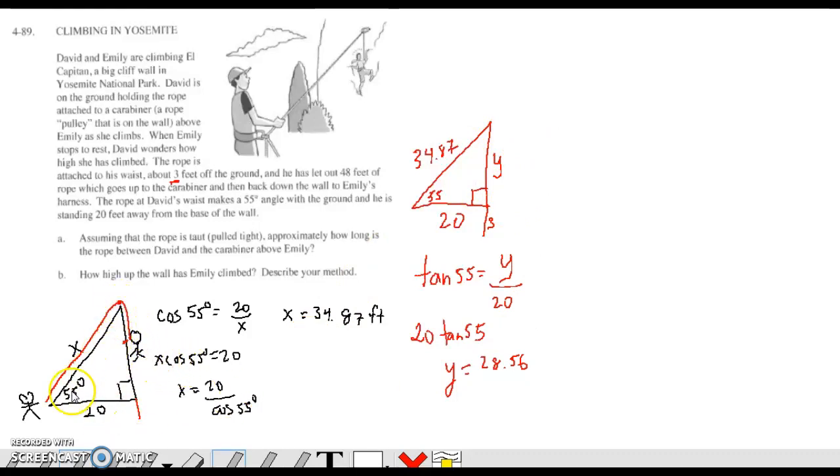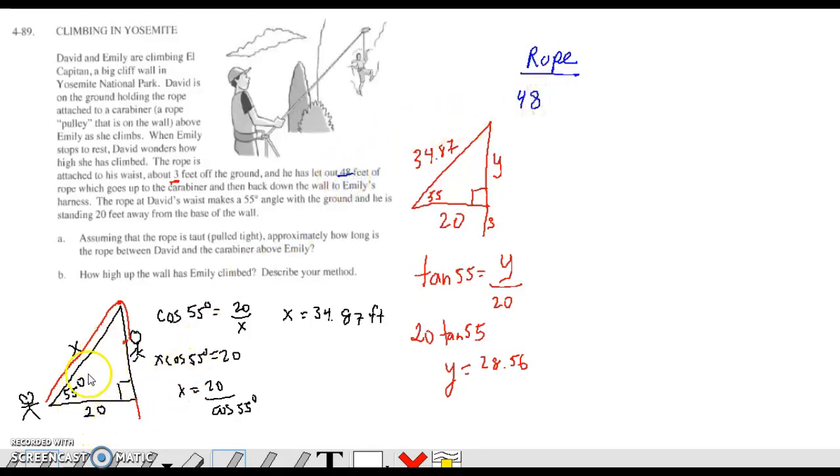So 28.56. Now we have to remember that this is the whole length right here. Okay, so if we think about this, we're going to use our answer for the rope from the first problem. And we have leftover rope that hit the carabiner and then went down. Okay, so the first thing I'm going to do is figure out what my leftover rope is, right? So here's my rope information. So I know that the rope, I believe, started at 48 feet right here.